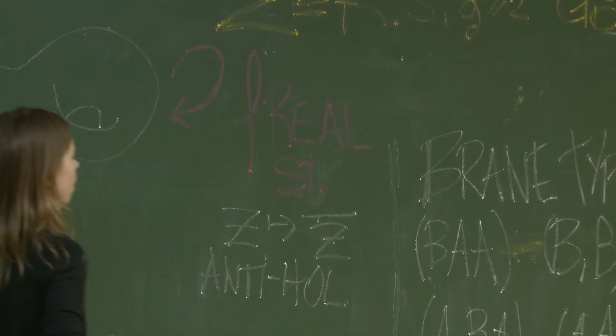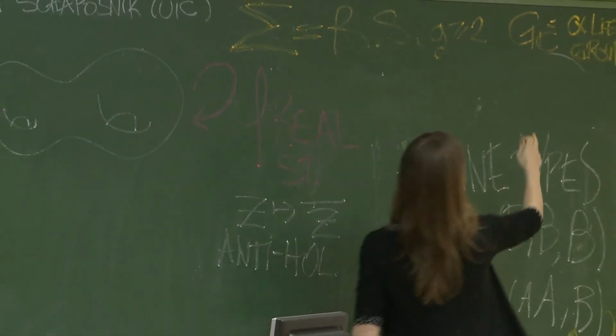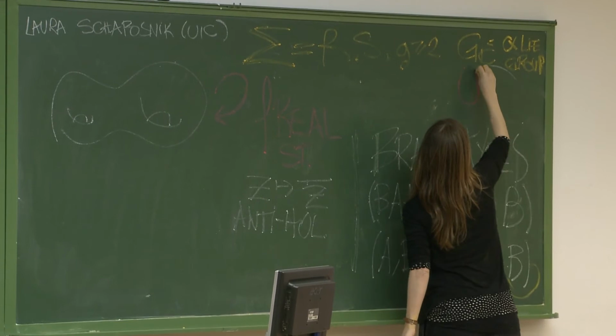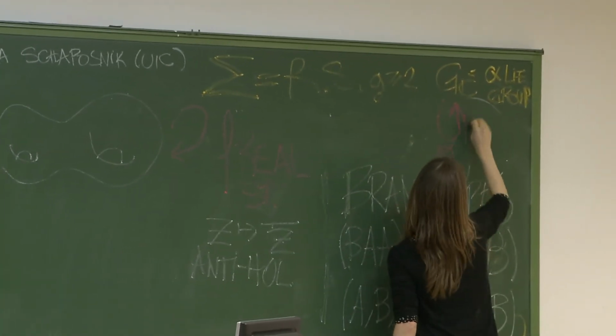And the second object that we can do this on is our complex group, and I want to do the same. I want to add a real structure. Let me call it little sigma.